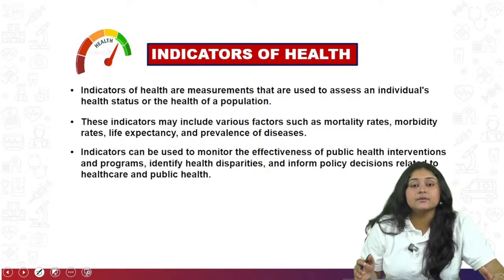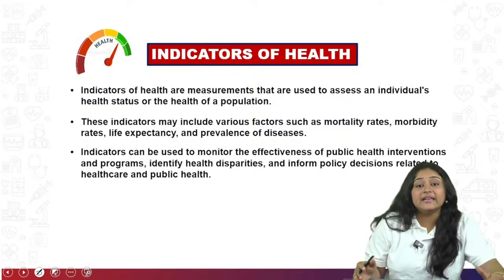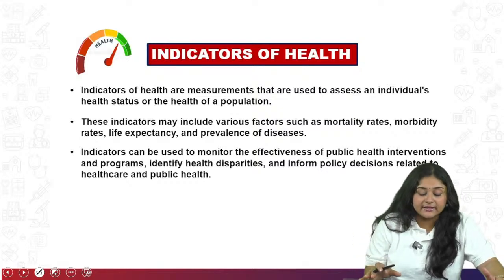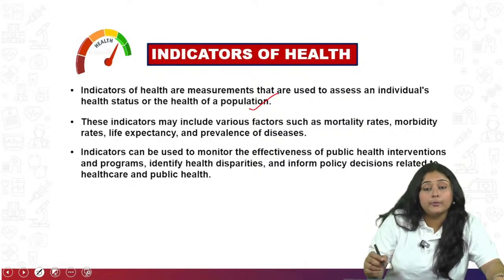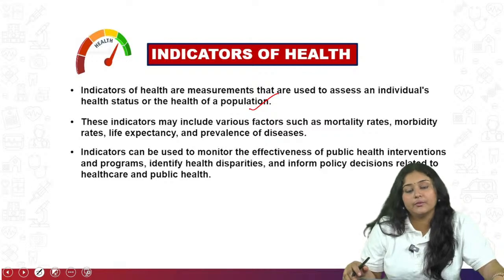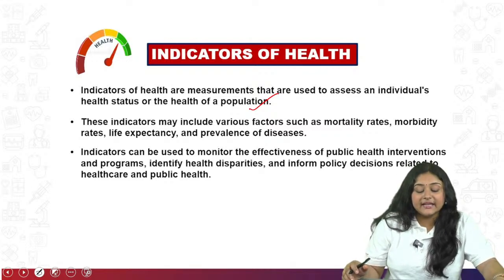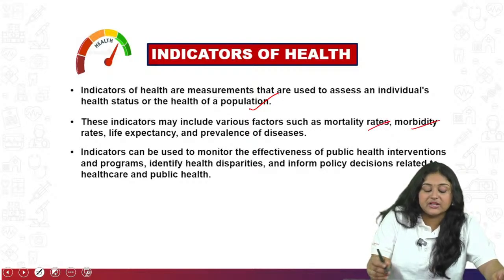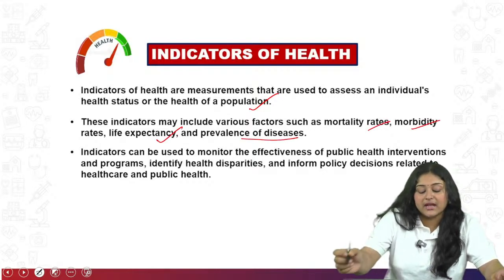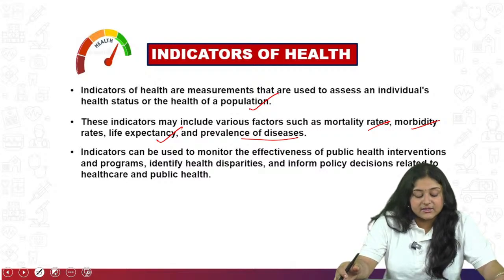Indicators of health are measures used to assess the individual health status as well as the health of populations of a particular community area. These indicators may include various factors such as mortality rates, morbidity rates, life expectancy rates, as well as the prevalence of disease. Indicators are sometimes also known as vital statistics.